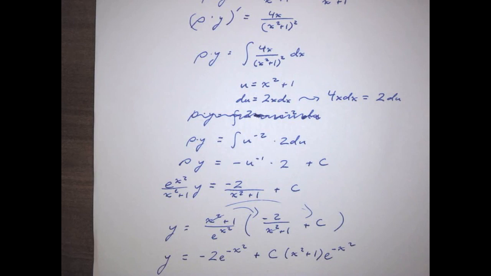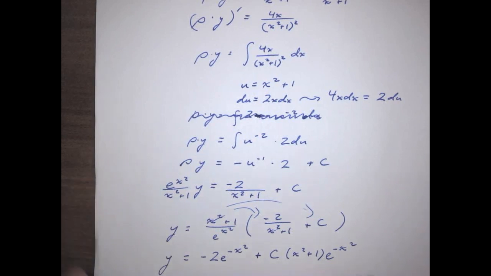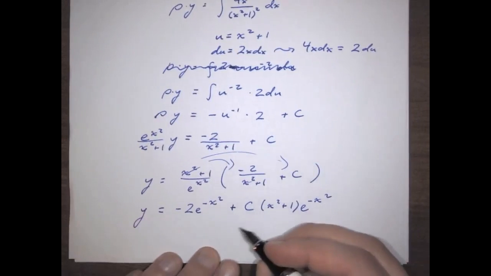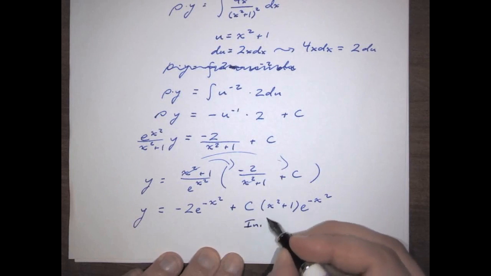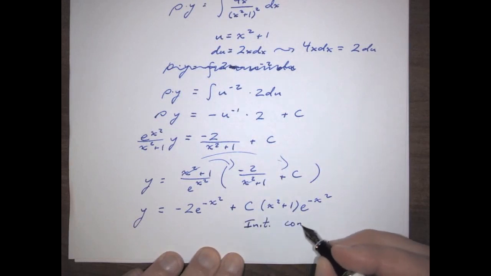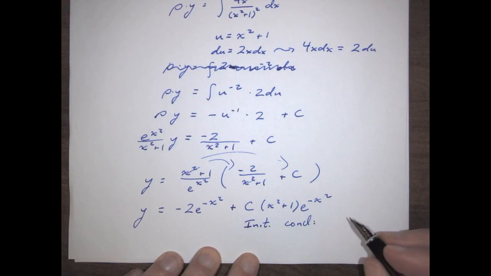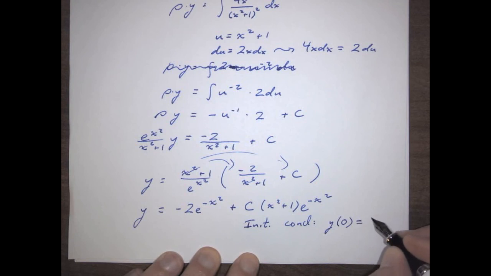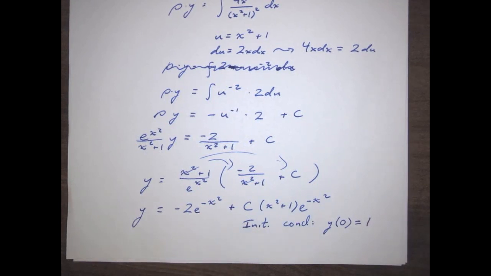Now, once again, this was not just a regular differential equation. This one happened to be specifically an initial value problem. So remember the initial condition, which was that y of 0 equaled 1. So plug in a 0 for the x, and we should be getting a 1.